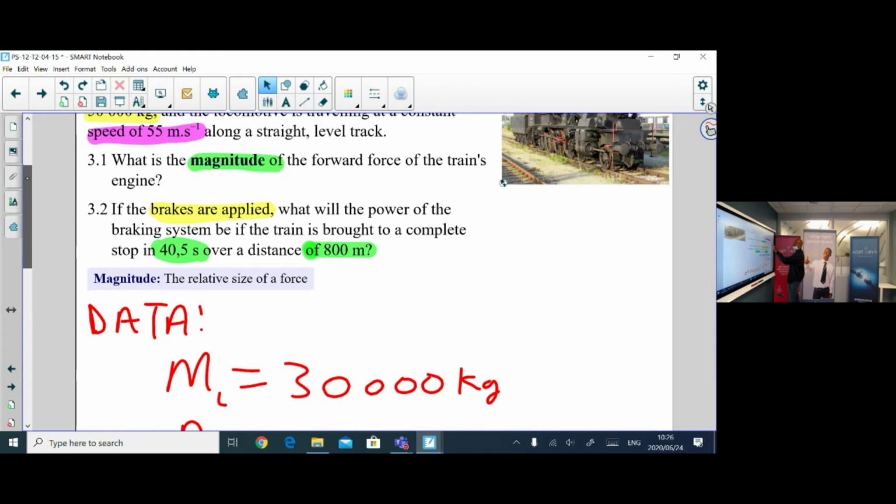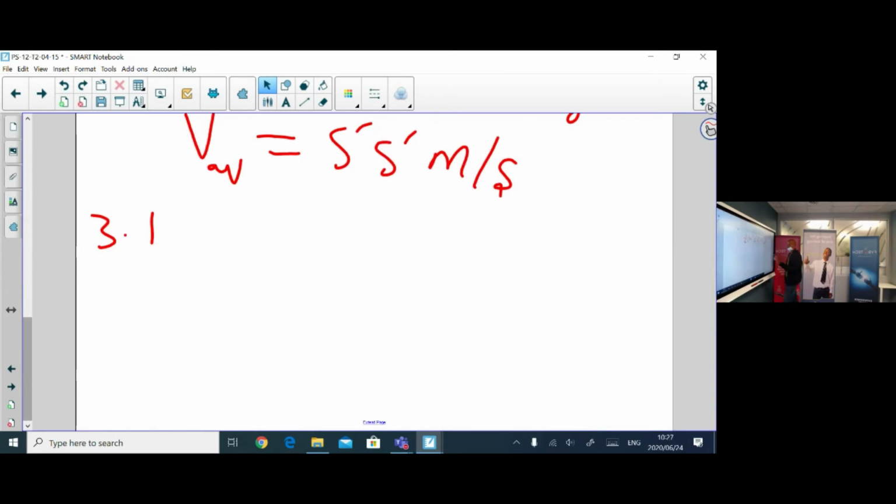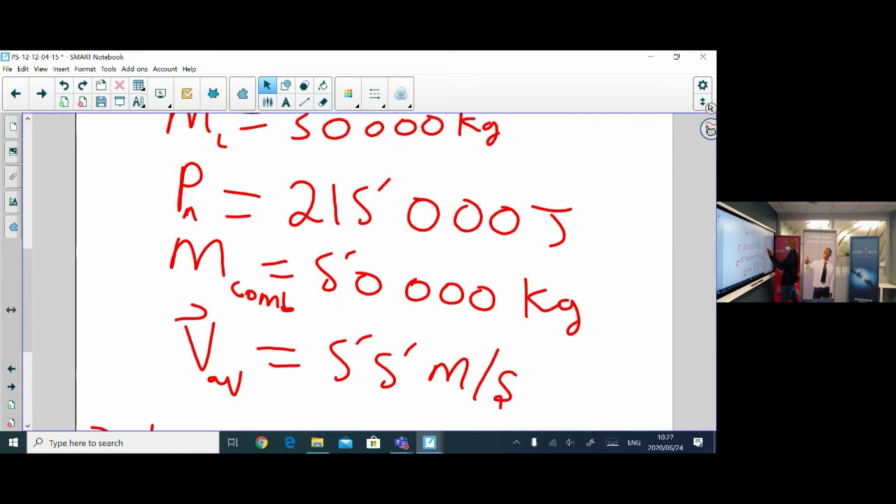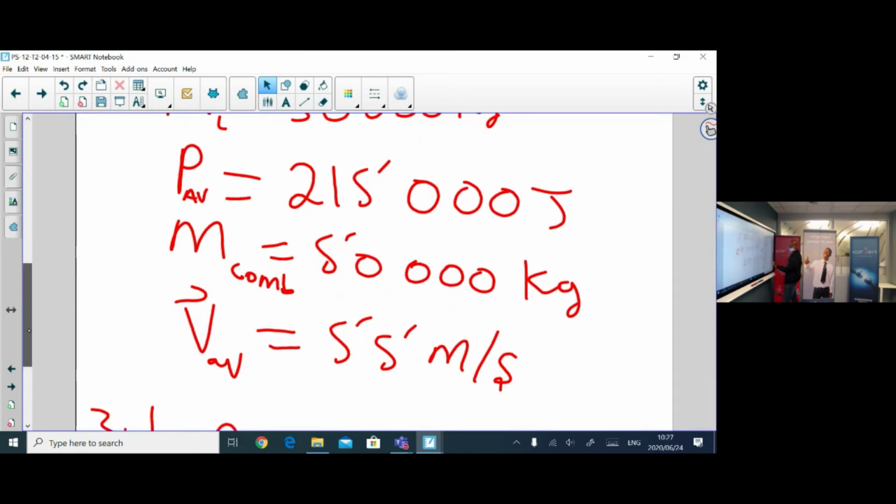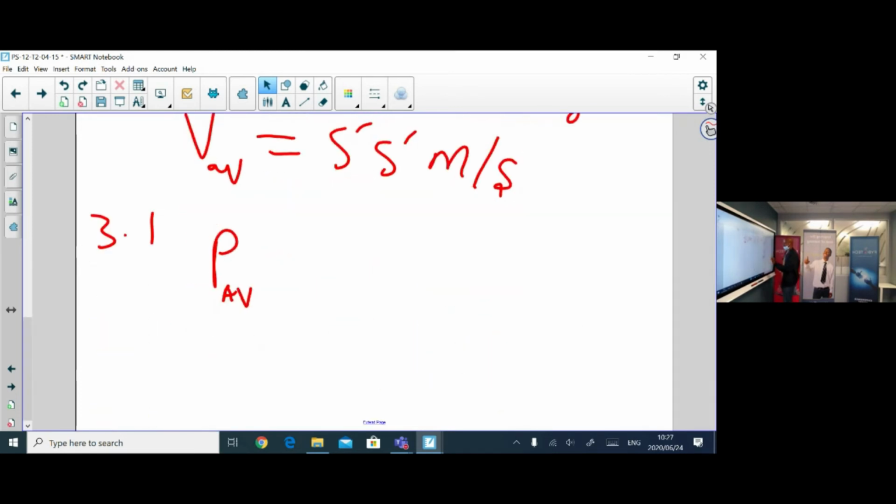In other words, we have to go back to our formula. We know that P average, that is average power, is equal to the force and the average velocity.